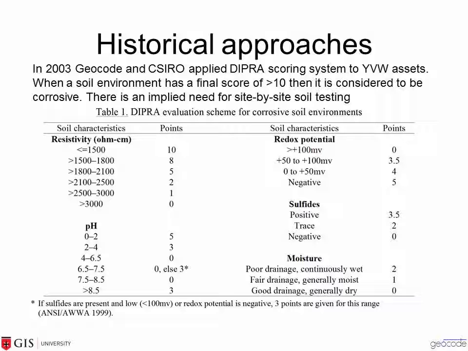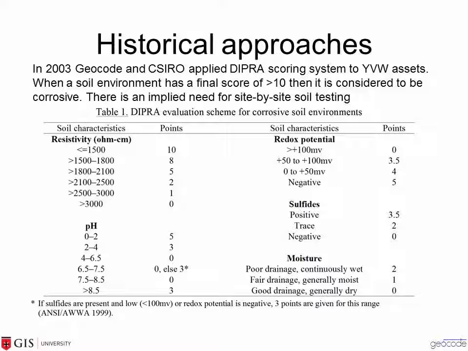So in 2003, Geocode and CSIRO applied the DIPRA scoring system to Yarra Valley Water's assets. With this system, when a soil environment has a final score of greater than 10, then it is considered to be corrosive.